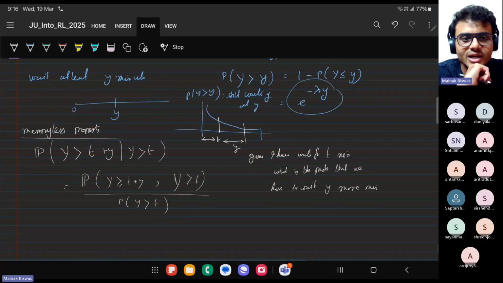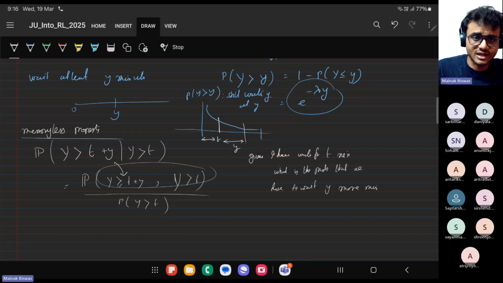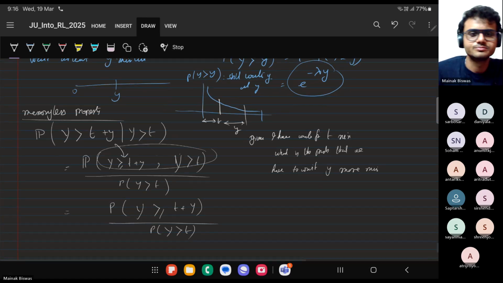So do you agree with the numerator? If it is already greater than t plus y, it means it is greater than t, right? It's a subset. So the intersection of this is going to be the probability of Y greater than t plus y. Yes or no?